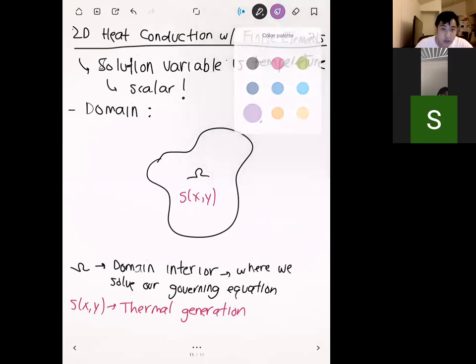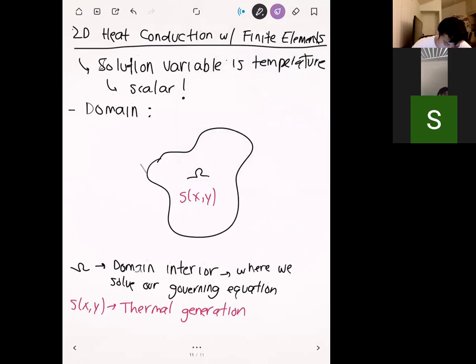Okay, and so now let's talk boundaries. I'm going to split the boundary into 2 different sections here. In purple right here, I'm going to call this our Dirichlet boundary. The symbol I'm going to give this is gamma u.